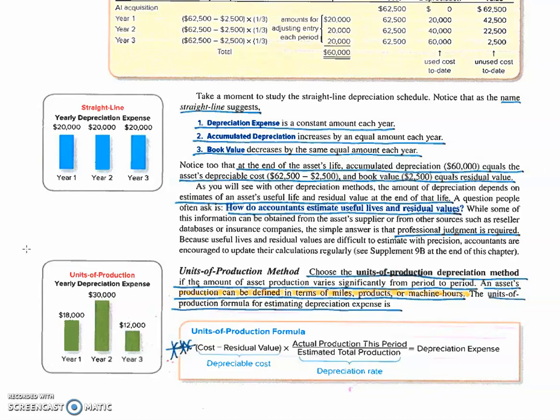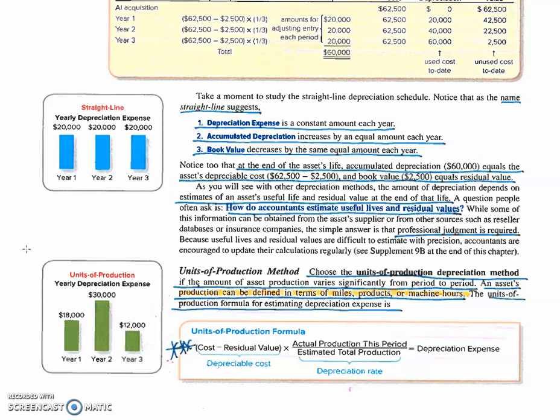So let's say you paid $40,000 for it, and you estimate, let's just say, a 0 residual value and a 200,000 mile life. You would divide the 200,000 miles into the $40,000 depreciable cost and come up with depreciation of 20 cents per mile, I believe that would come out to.